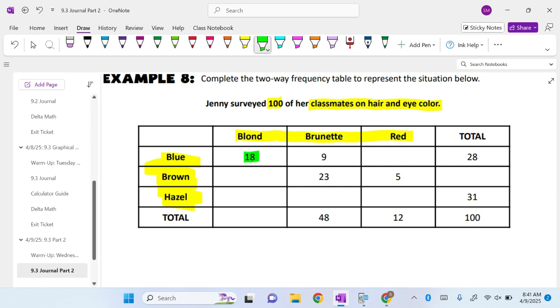All right. Now, your totals, all right, these totals represent how many total for each hair type, because that's where the columns end.